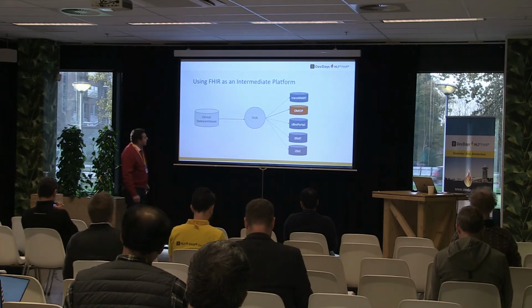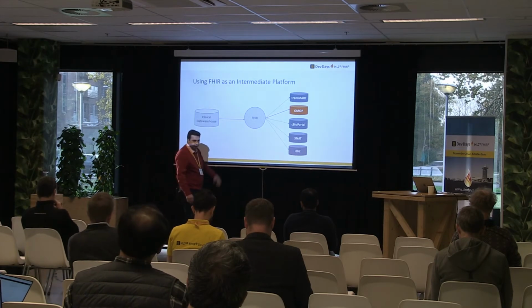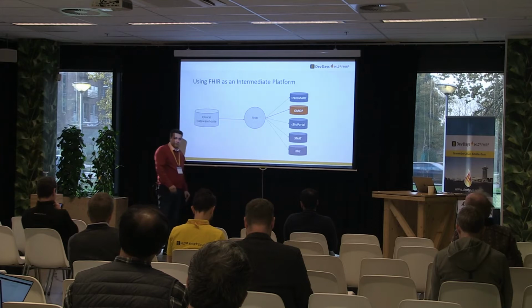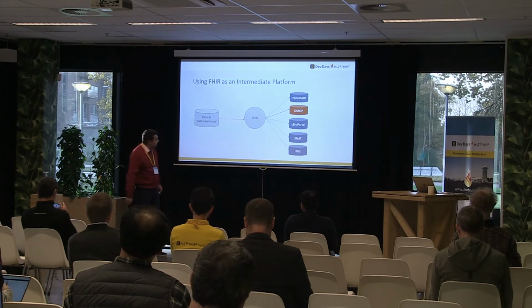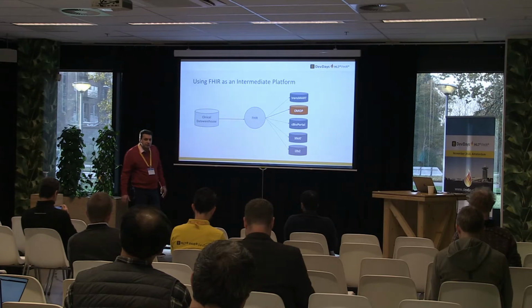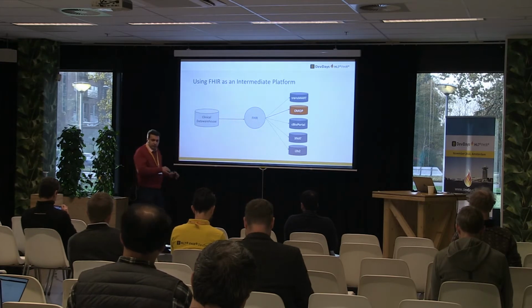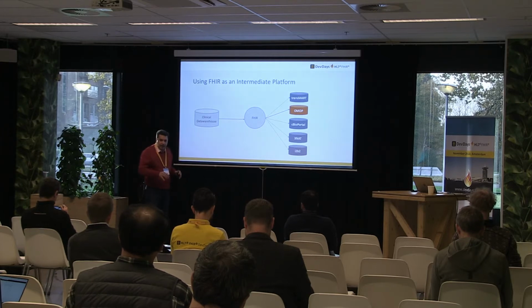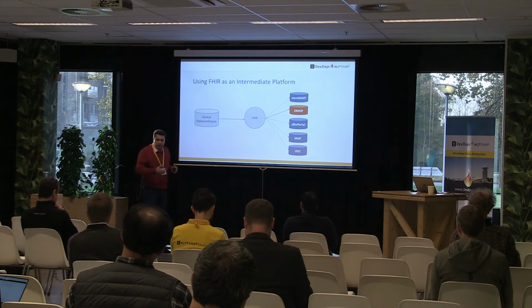We can directly convert them to OMOP, but we made the decision to use an intermediate platform like FHIR, because at the moment, 10 university hospitals in Germany work on this project, the Miracle project, and they have different data warehouses. The format of data is totally different.